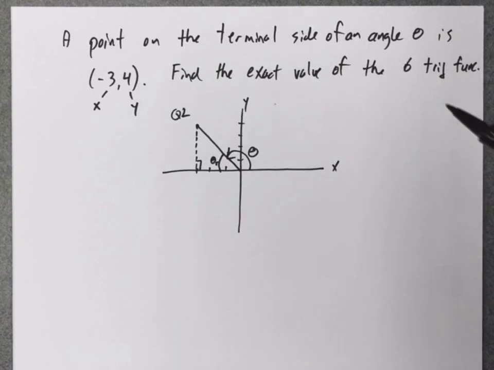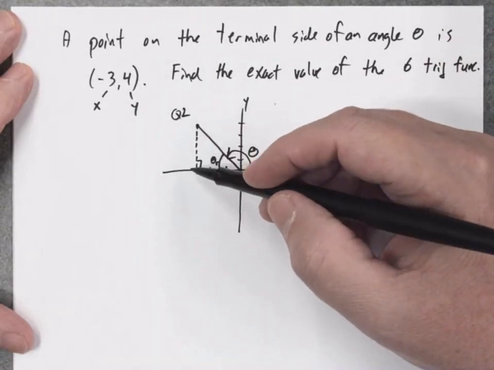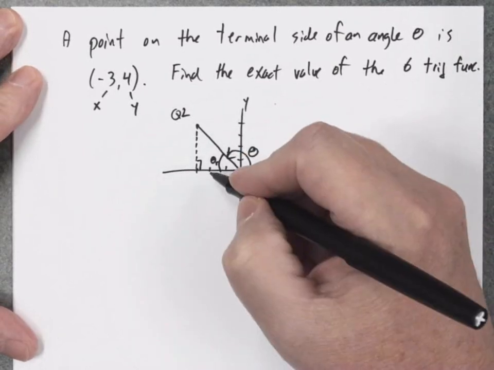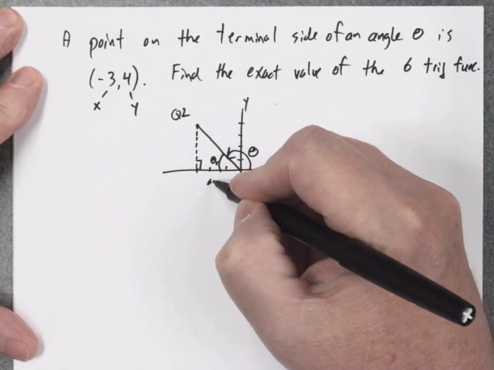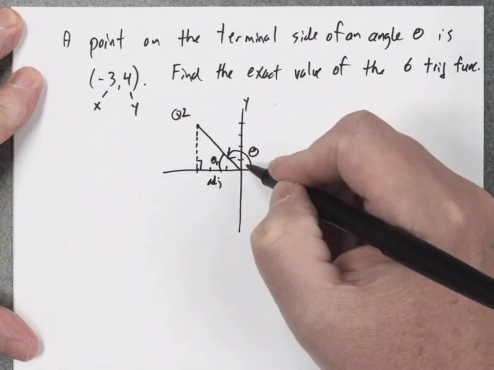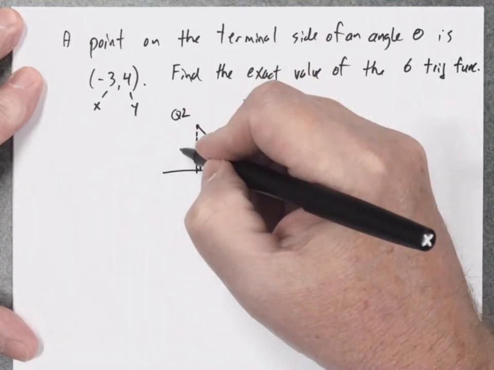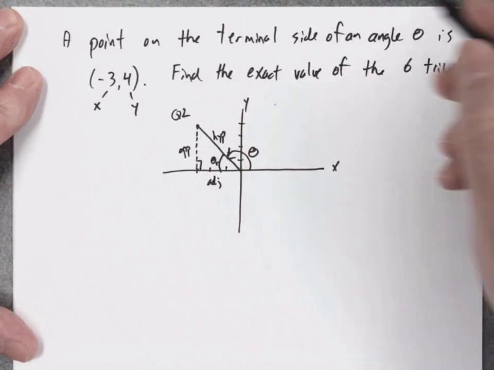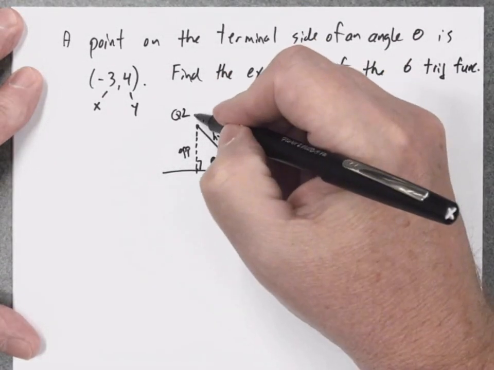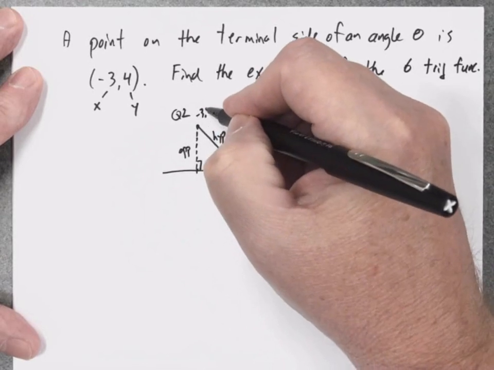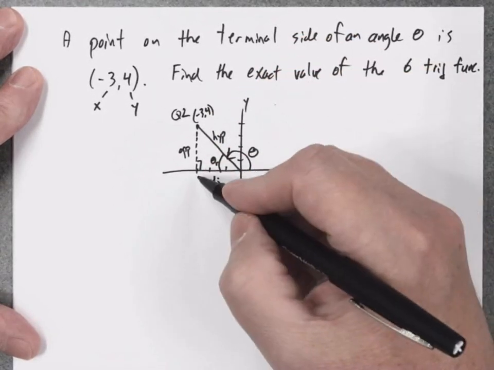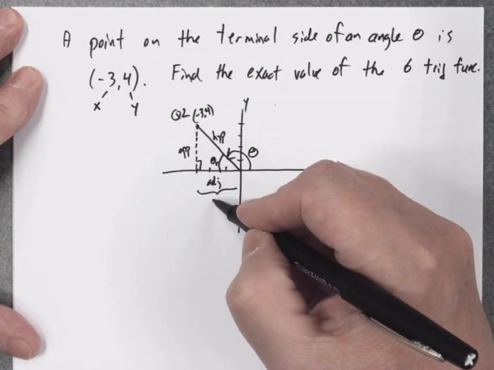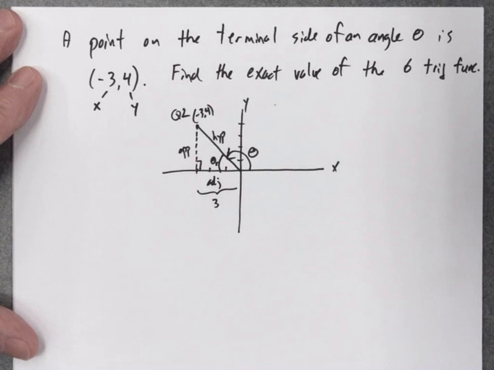So let's go ahead. Now I can create this right triangle. If this is my angle here, of course we think of this as the adjacent side. We think of this as the opposite side, and this is the hypotenuse. Now if this point right here is -3, 4, this distance here, the adjacent side, that distance is 3.